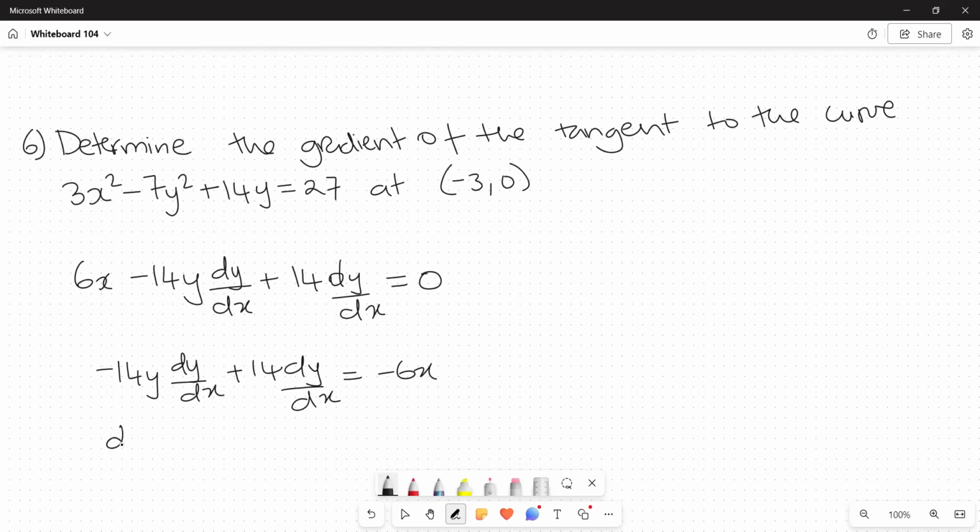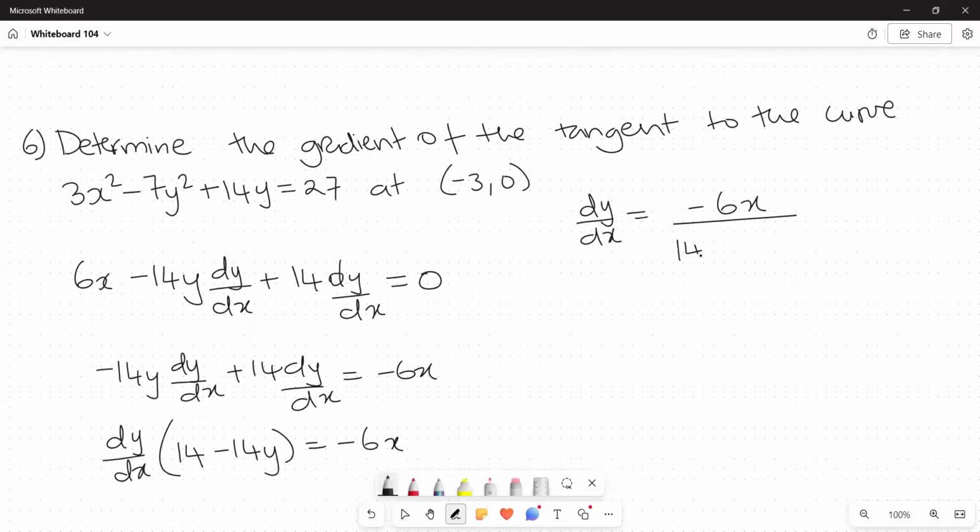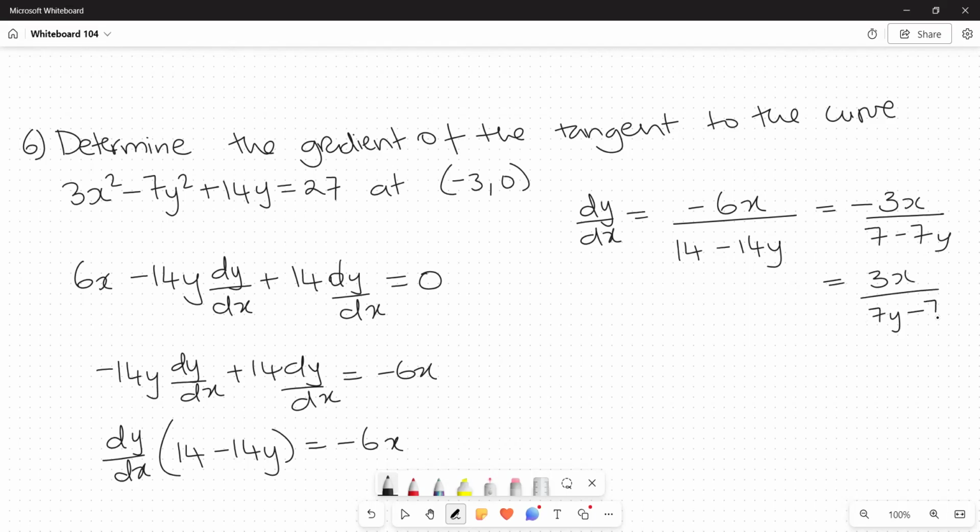Then we factor out dy/dx. This means that dy/dx is equal to negative 6x over 14 minus 14y. See that 2 is a common factor, so we have minus 3x over 7 minus 7y. And this is the same as 3x over 7y minus 7.